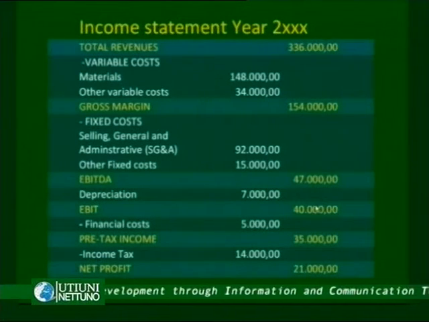So the EBIT is the operating margin, that is the difference between the revenues and all the operating costs, that are the costs generated by the operations of the project. So by the production and sale of the products that are sold within this project.